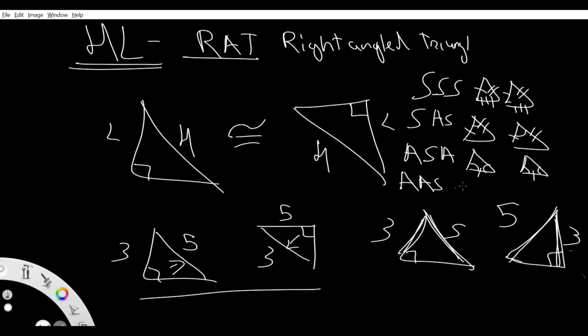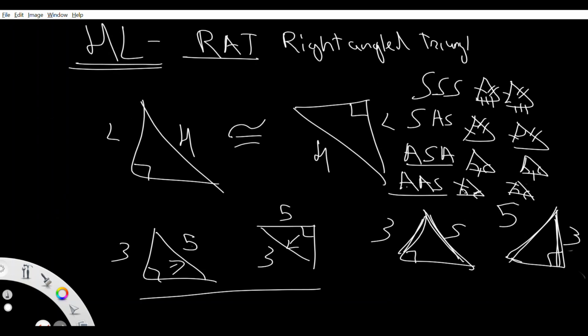Angle angle side, two angles, and one of the side lengths is the same. It's not in between, because if it was in between, it would be angle side angle, not angle angle side. You see they are next to each other. That's why it's AAS, not ASA.